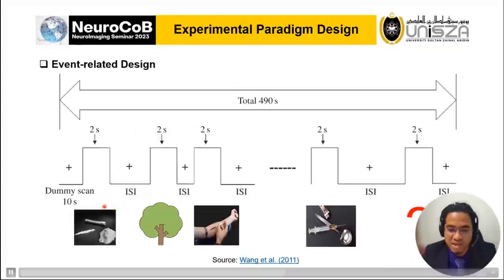So for example, here the researchers show an image of drug, and then after a certain period of time, they show a neutral image, and then they show an image of drug, and then again an image of drug, and then afterwards, the participant could not predict what image will come up, and therefore they have to focus on the task given. And then the ISI also differs. Sometimes there is a long gap, sometimes there is a short gap.